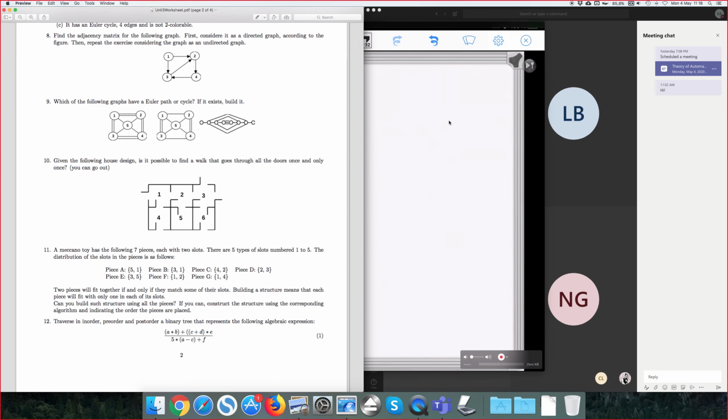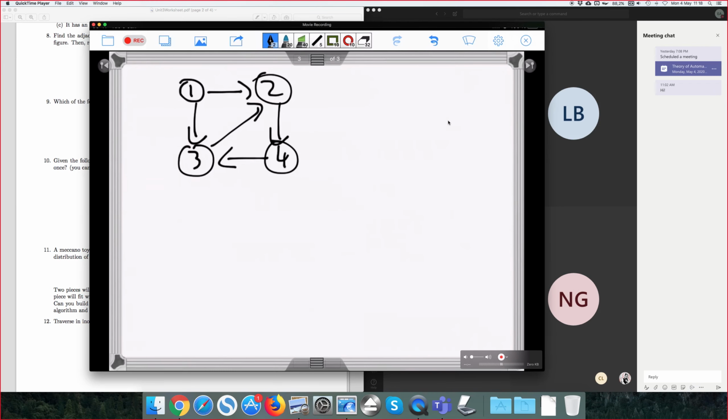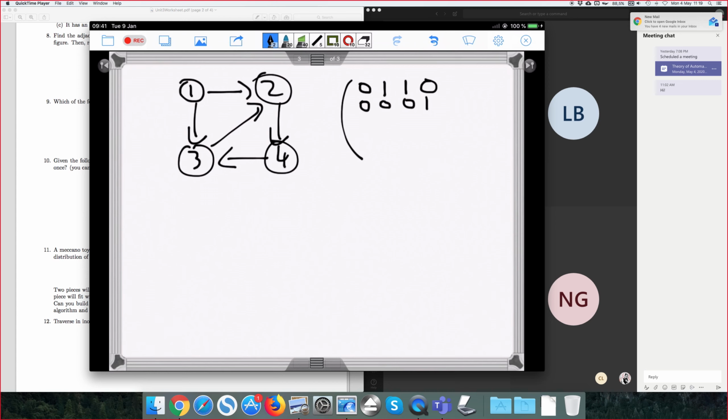Okay. So the adjacency matrix in the case of the directed graph is like this. From 1 we go to 2 and also to 3, but not to 4. From 2 we can go to 4. From 3 we can go to 2.